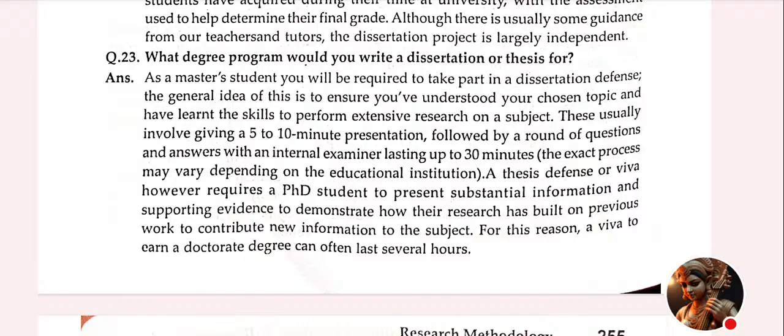A thesis defense or viva, however, requires a PhD student to present substantial information and supporting evidence to demonstrate how their research has built on previous work to contribute new information to the subject. For this reason, a viva to earn a doctorate degree can often last several hours.